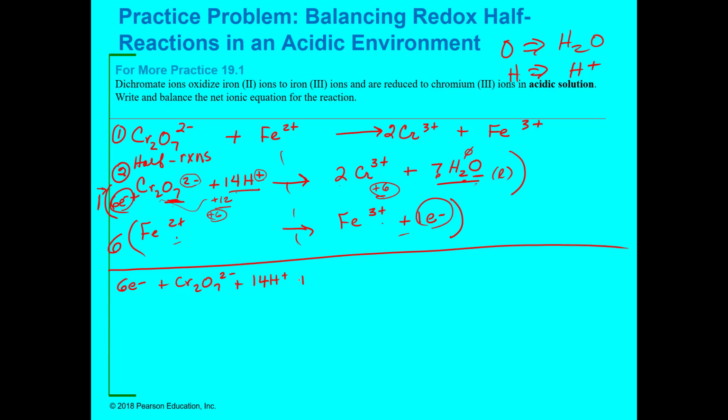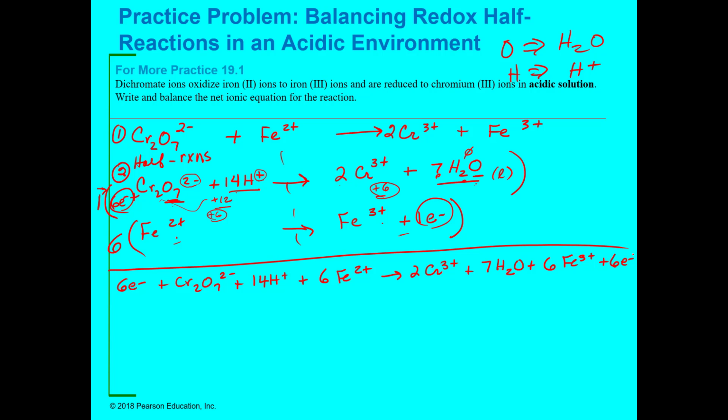All right. So that's it for the top one. Plus 6 Fe2 plus, and that's going to give me 2 Cr3 plus 7 H2Os plus 6 Fe3 plus 6 electrons.